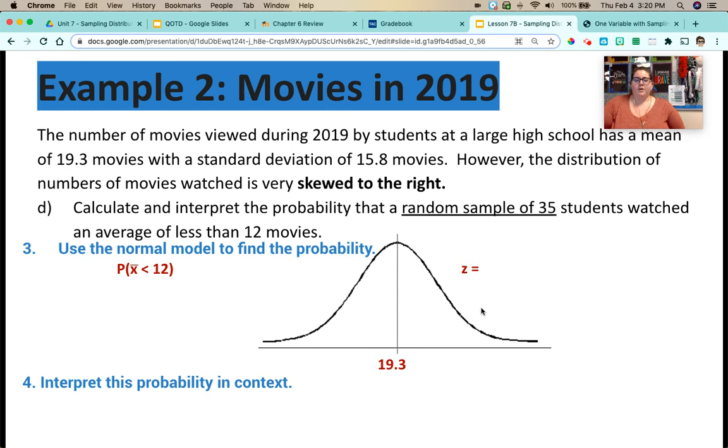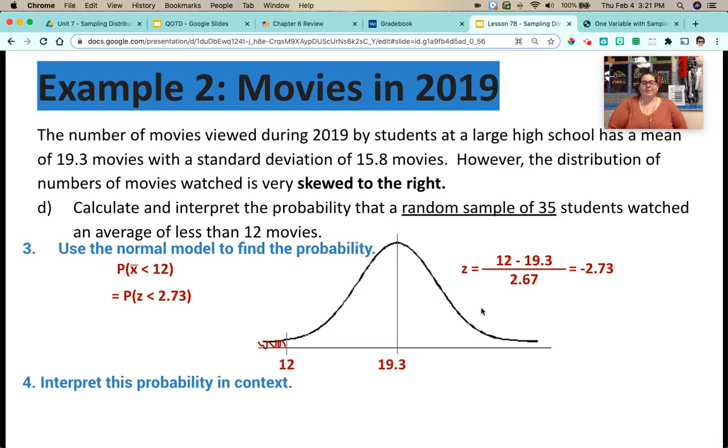So our z-score: the observed value 12 minus 19.3, the mean, divided by the 2.67 standard deviation, gives me a z-score of negative 2.73. So almost 3 standard deviations below the mean is where 12 ends up, which is pretty far away. And then we want less than that. As always, I would go to my z-table and find negative 2.73.